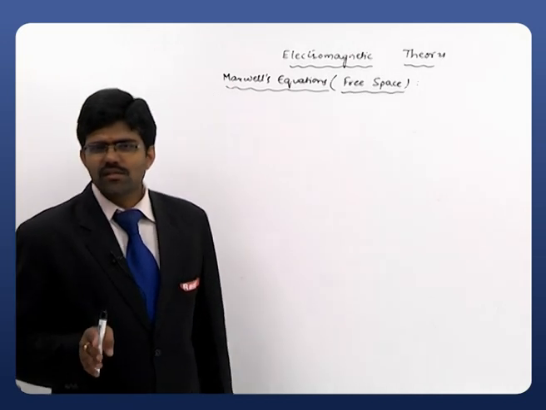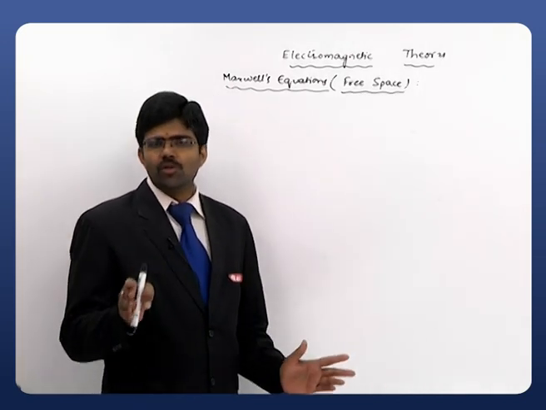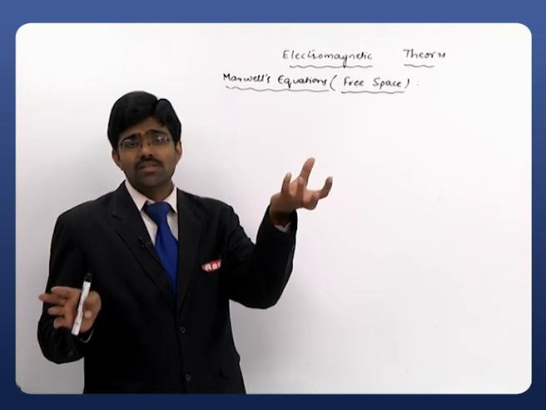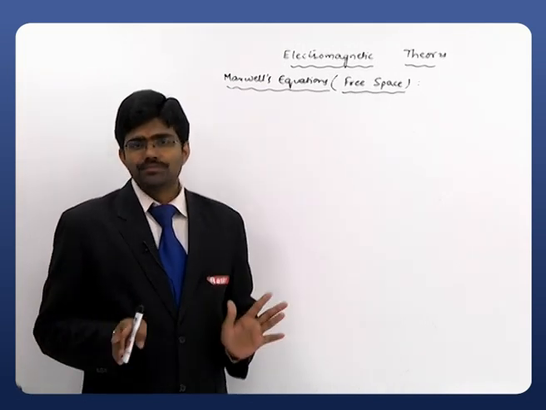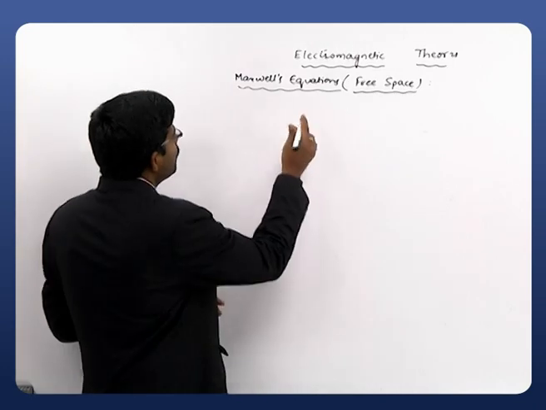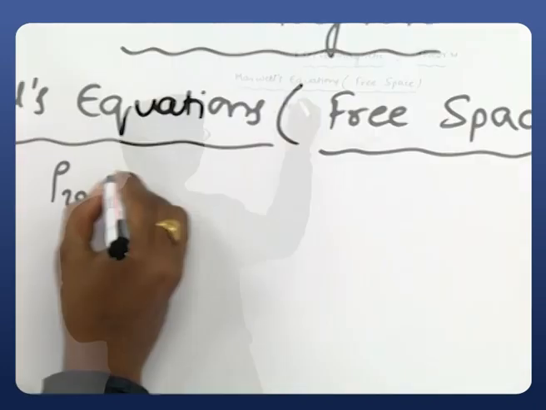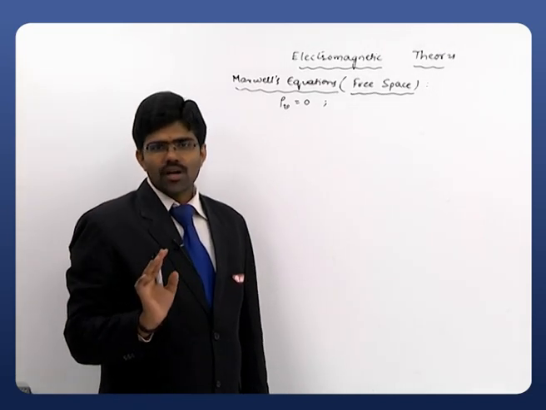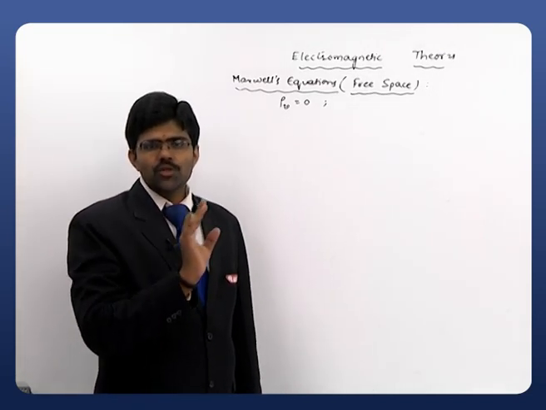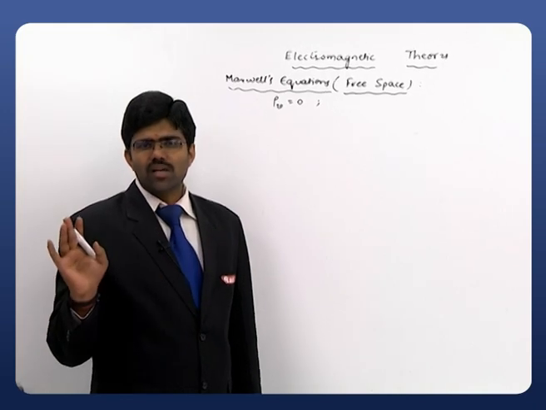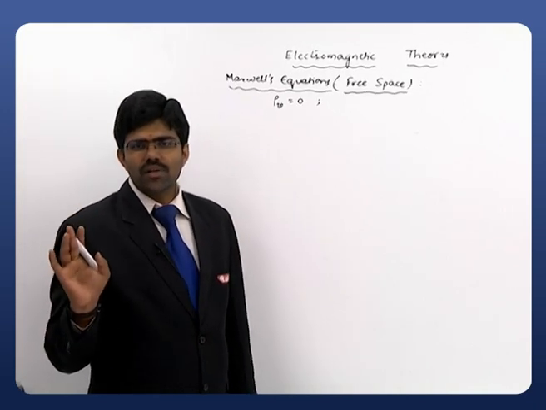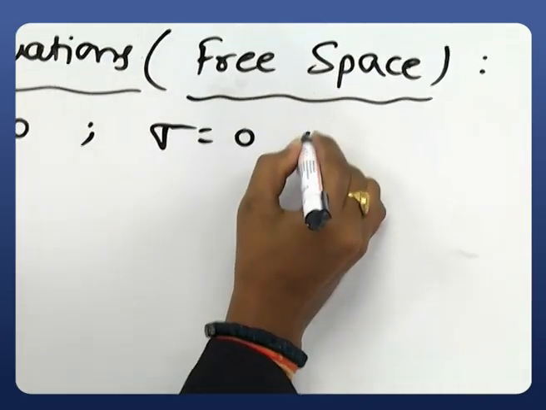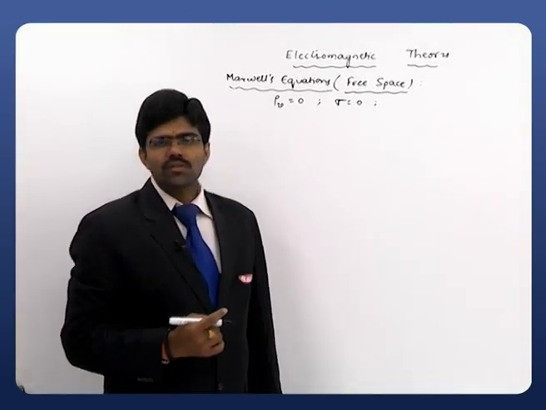Whether it is line, surface or volume charge density, free space has volume charge density of 0. So ρv = 0, and the free space contains no conductivity. Since it has zero conductivity, σ must be equal to 0.